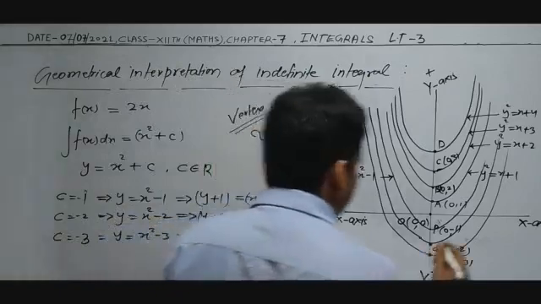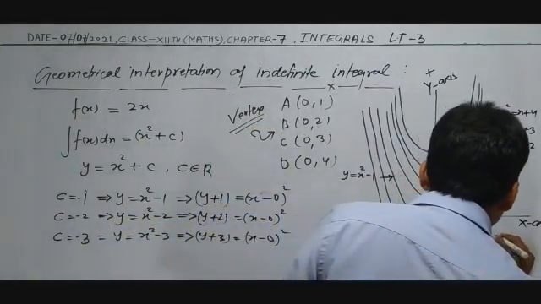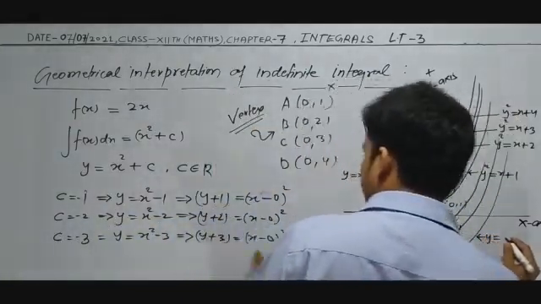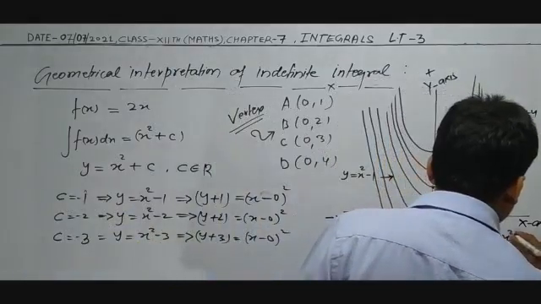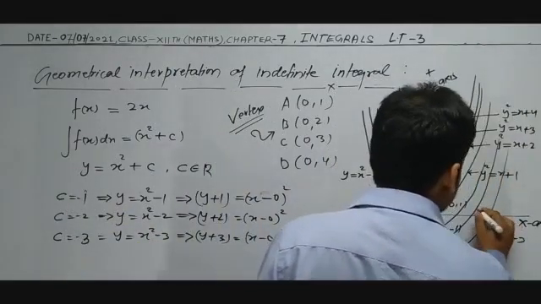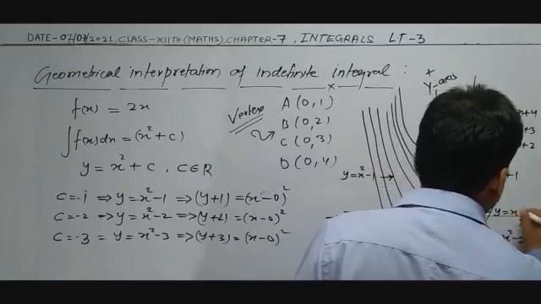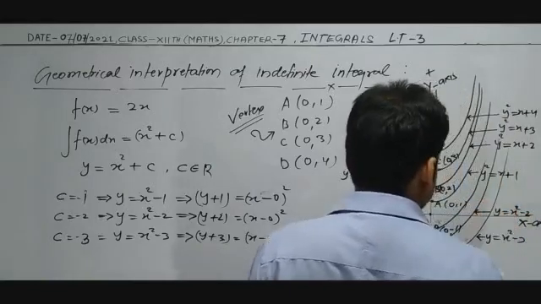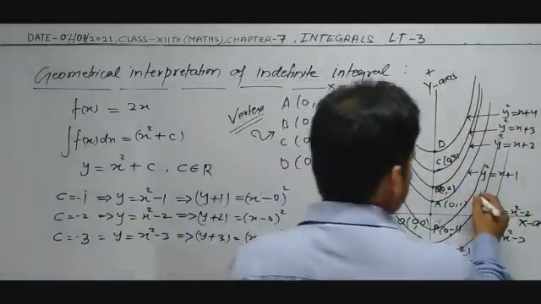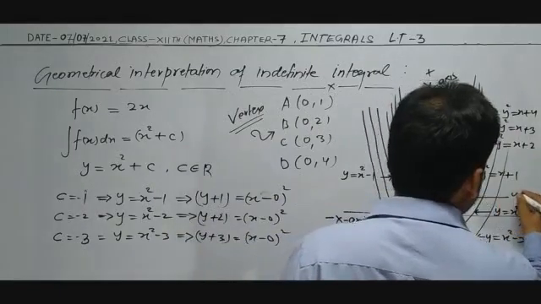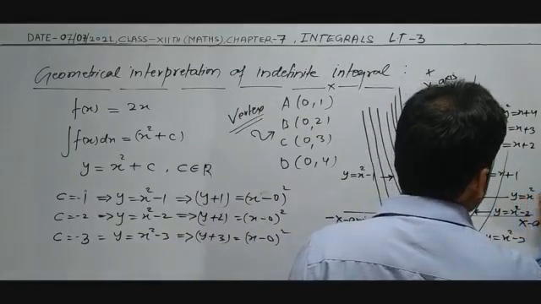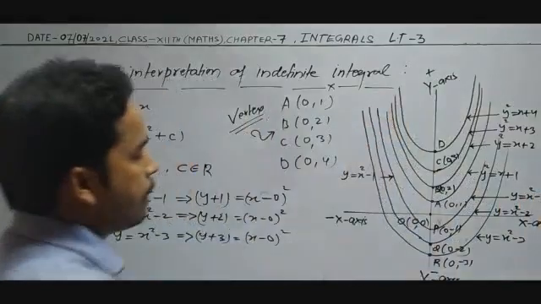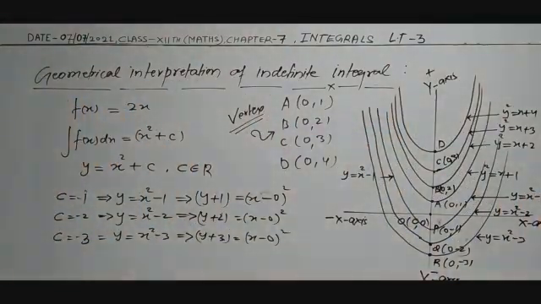Suppose its equation is y is equal to x square minus 3 at c is equal to minus 3, and its equation is y is equal to x square minus 2, and now its equation is y is equal to x square minus 1. So we have got many equations of parabolas.